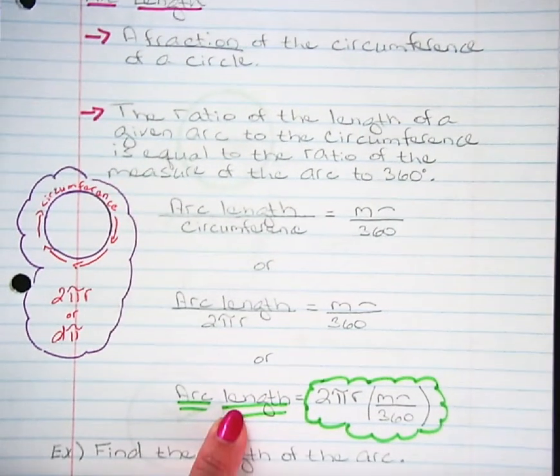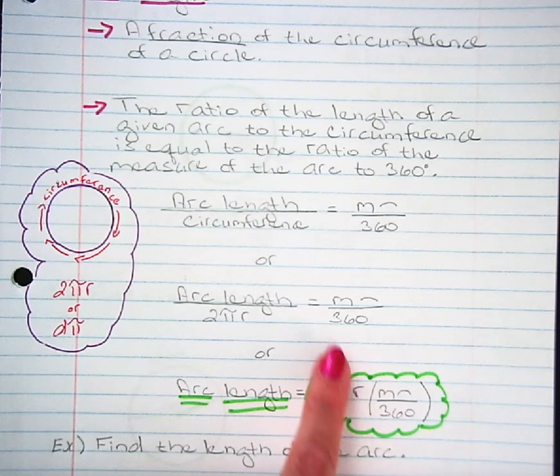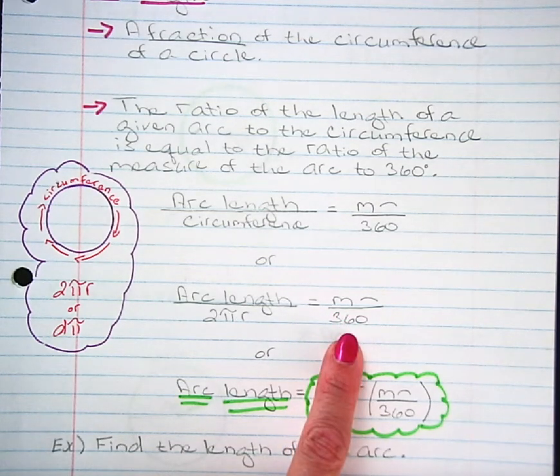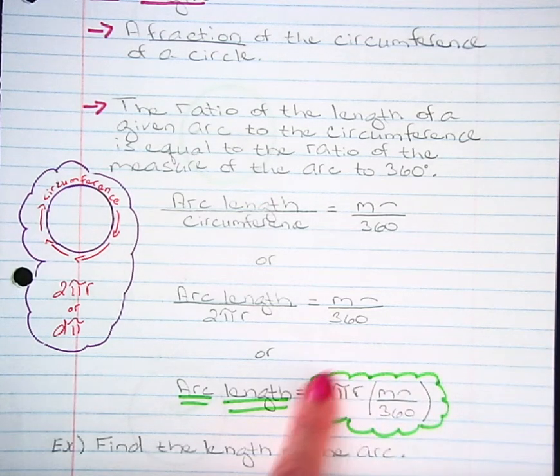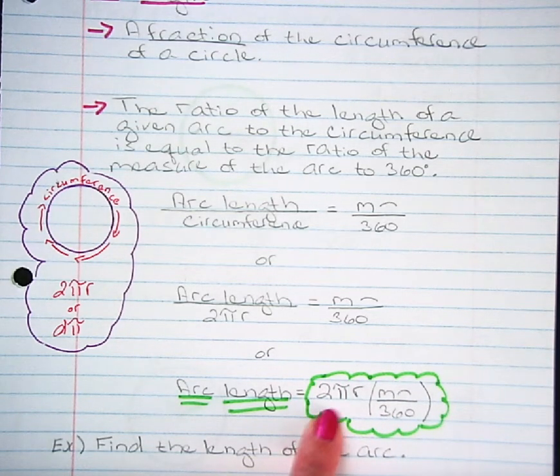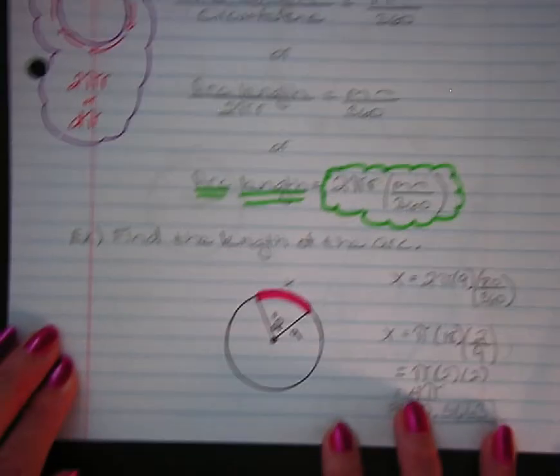So the arc length equals 2 pi r times the measure of the arc over 360. This is the version that we're actually going to use the most. All right, so let's work out a few examples and see how this actually works.